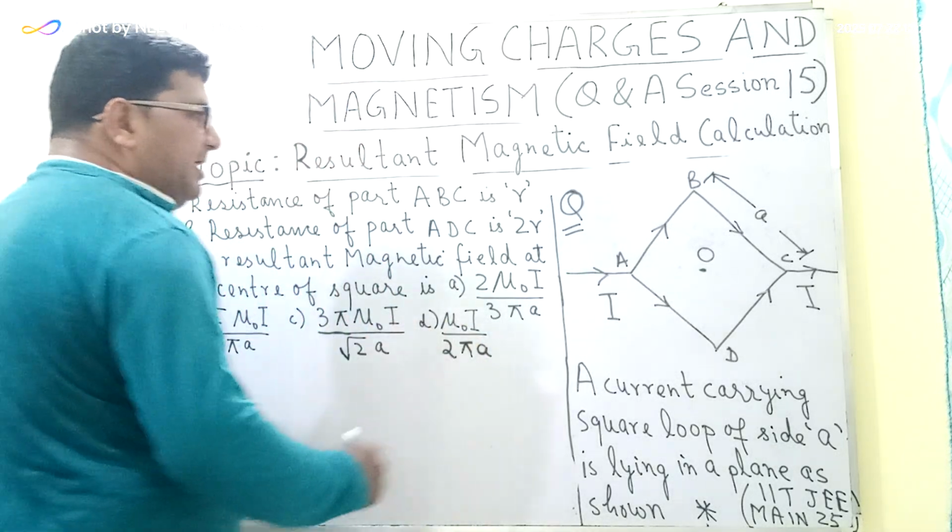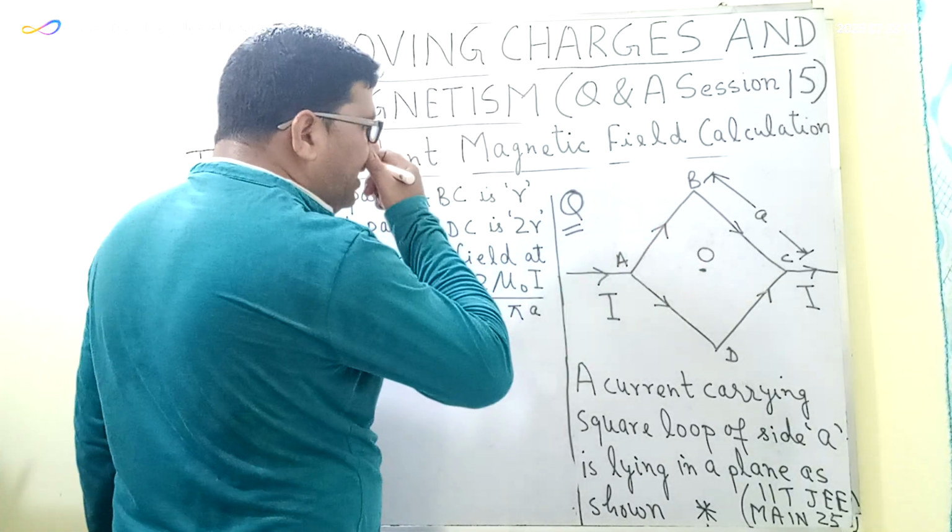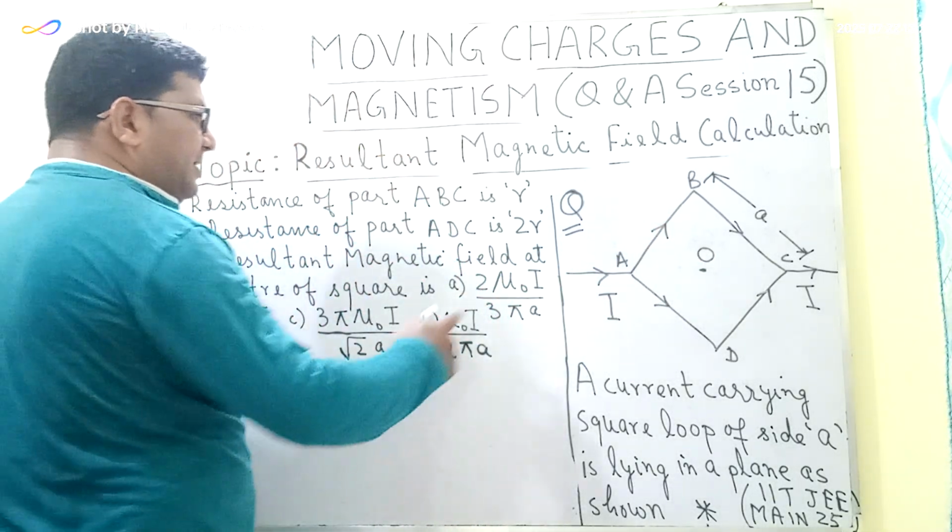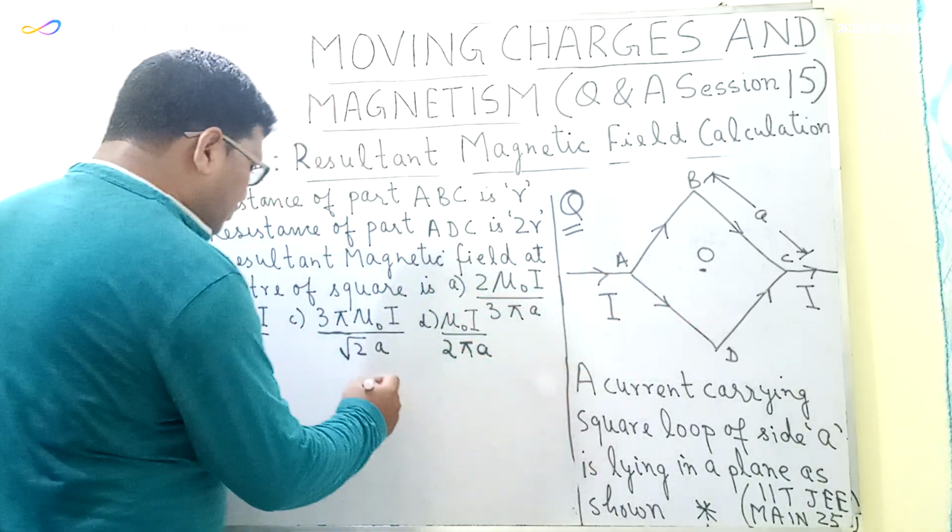तो पहला पार्ट हमें करंट निकालना है. इसका ABC का पार्ट का जो रेजिस्टेंस है वो R है, and the resistance of the part ADC is 2R.